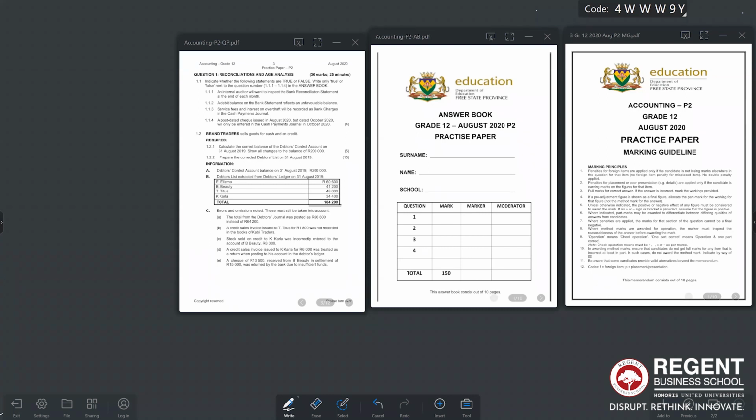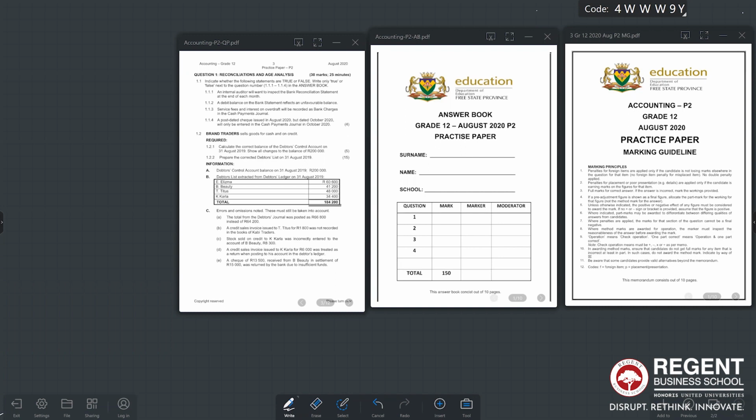Now let's look at the very first question, 1.1. Indicate whether the following statements are true or false. They want us to say whether they're true or false. Let's see the first one: an internal auditor will want to inspect the bank reconciliation statement at the end of each month. That is absolutely true.